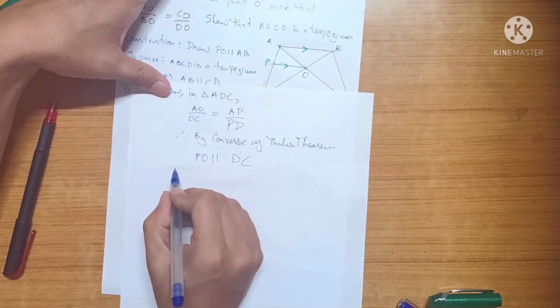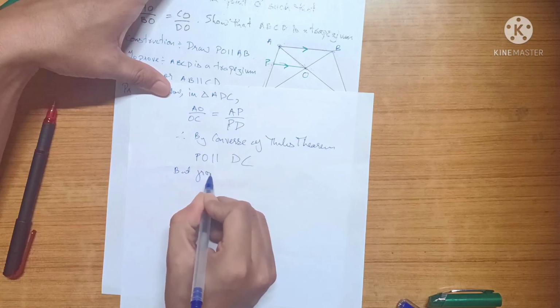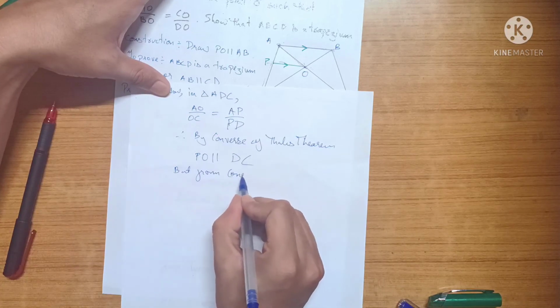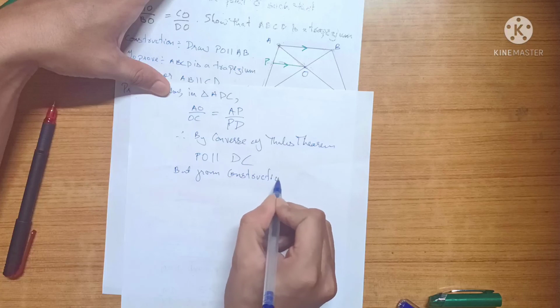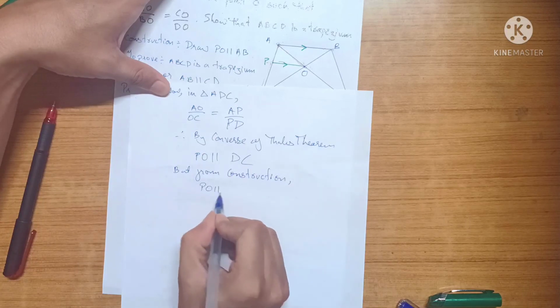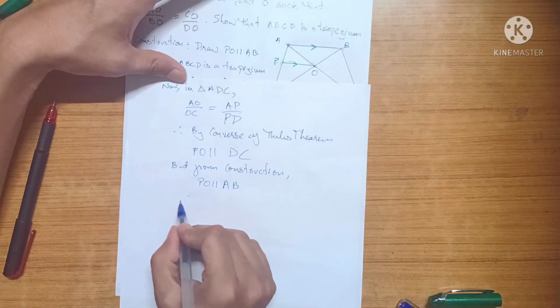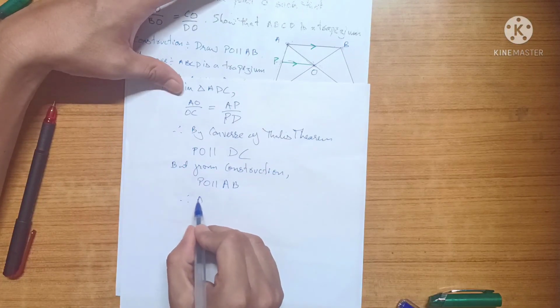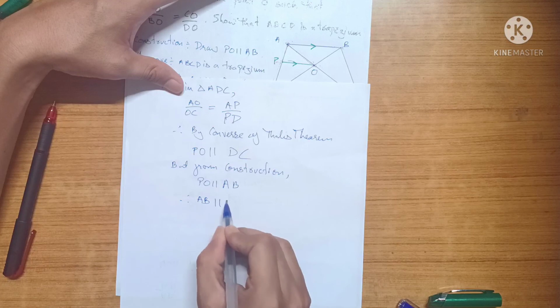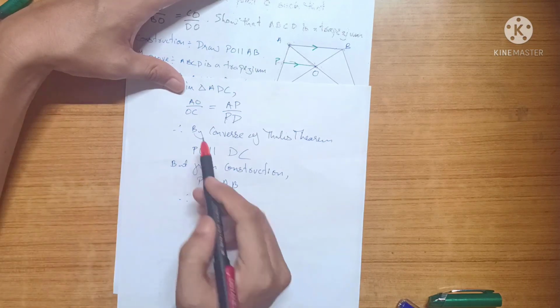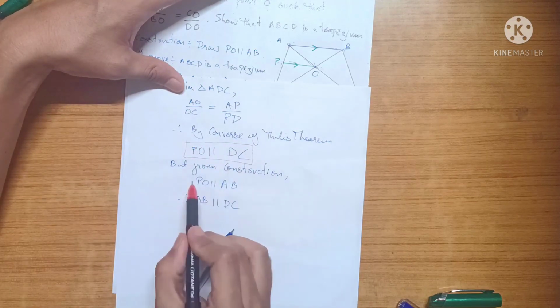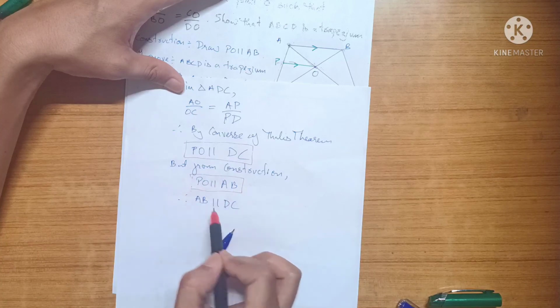But from construction, what did we do? From construction, PO is parallel to AB, right? Therefore AB is parallel to DC. Why? Because we just showed that PO is parallel to DC, but in construction PO is parallel to AB.